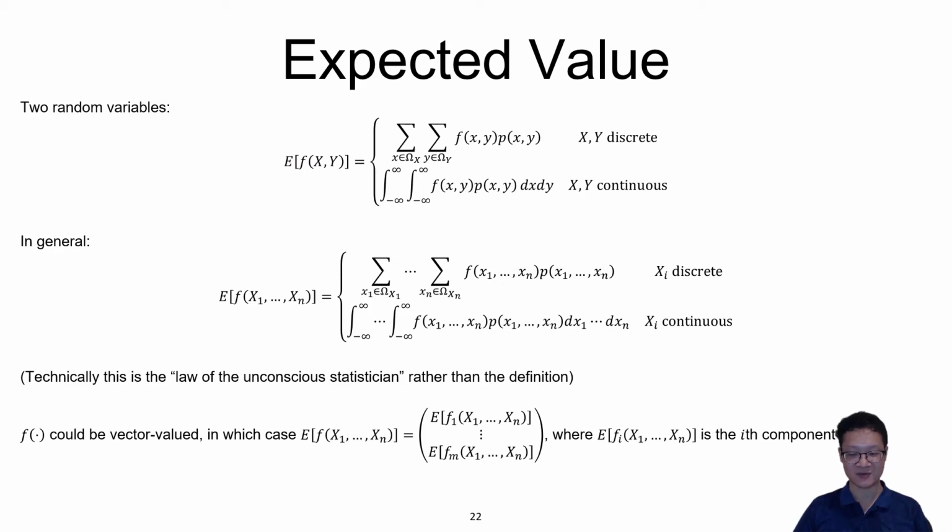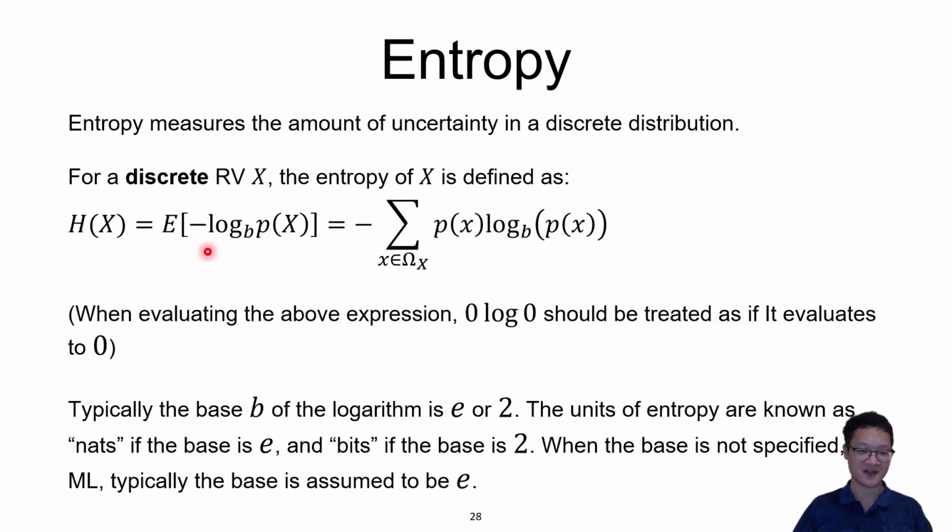So if I go back to the other slide, hopefully you can now visualize, okay, so now f of x is the same as negative log p of x. So that's why we're going to sum over all possibilities of x, and then we take the function, which is negative log p of x, times our probability distribution, p of x. Here, because p of x could be 0, we actually define 0 log 0 to be 0.